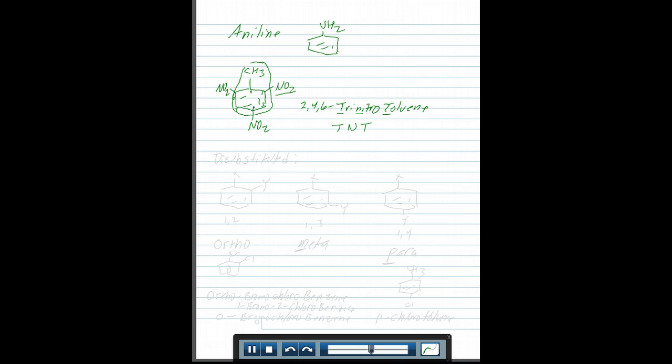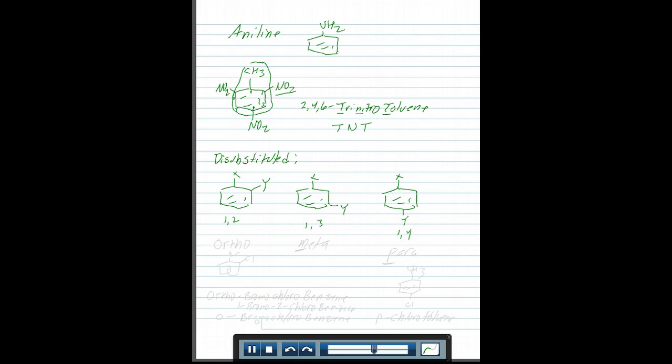All right, let's talk about if you have a di-substituted aromatic ring. There are special names for di-substituted. There are 3 types of possibilities. You can either have a 1,2 substitution, a 1,3 substitution, or a 1,4 substitution.